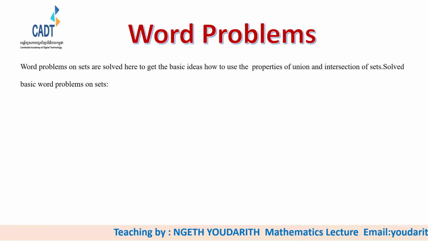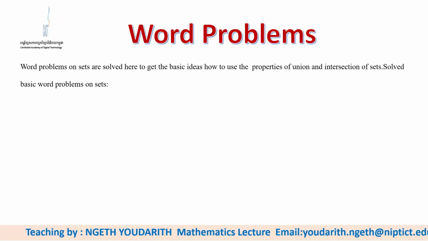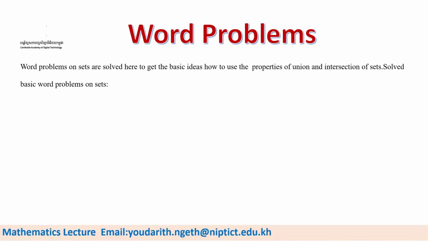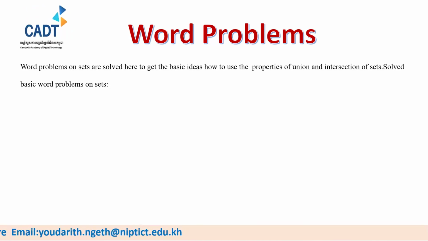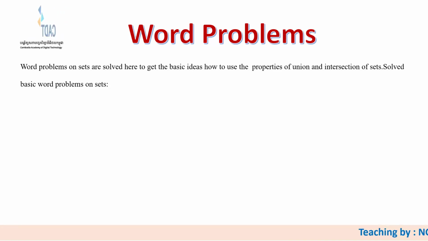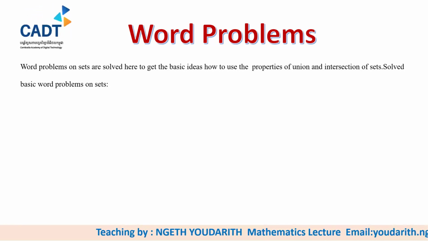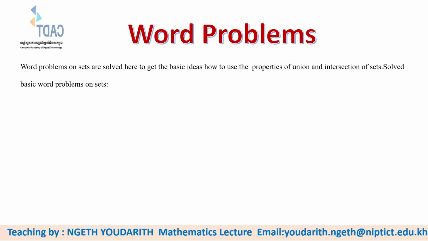In the previous two videos which I produced for you, the first talked about the definition of sets and the types of sets, and the second talked about set operations.